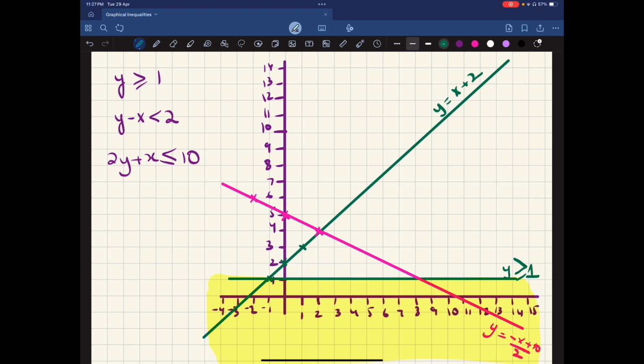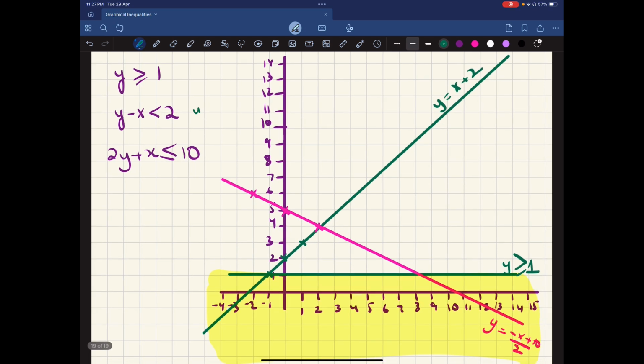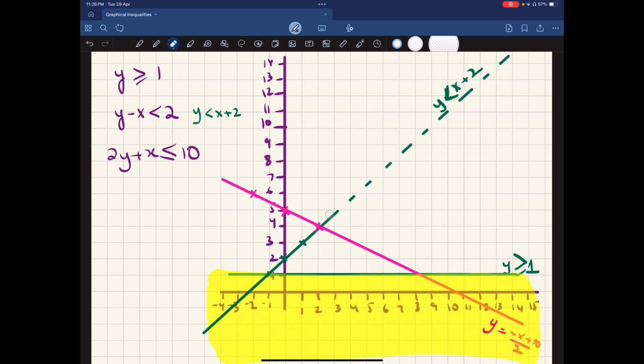Okay, next is this. So this is going to be y is less than x plus 2. It is a strict inequality, so the first thing that we're going to do is break this line, because it is a strict inequality; basically the points on the line are not included.